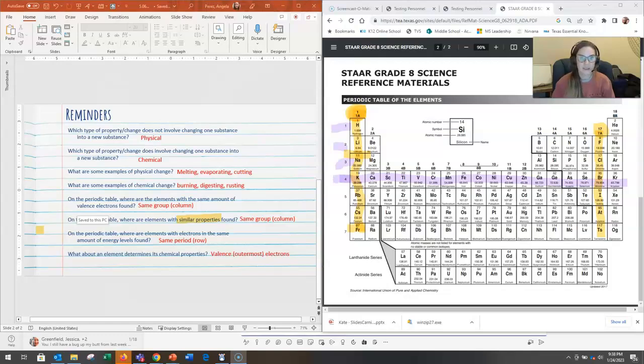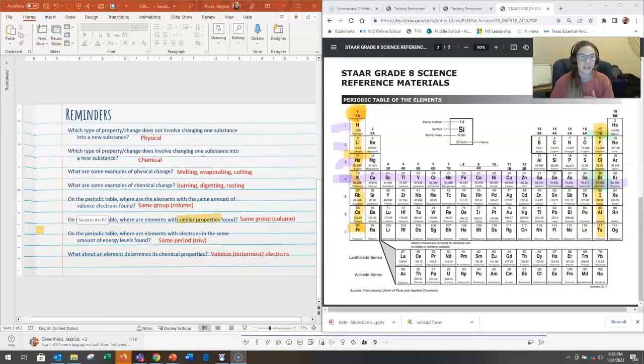So 4 rings, and on the outermost ring, this element here is going to have 7 electrons. So you can kind of cross your way through the periodic table to determine, okay, it's going to have 4 energy levels, and on that outermost energy level, 7 electrons. It's kind of like a graph.